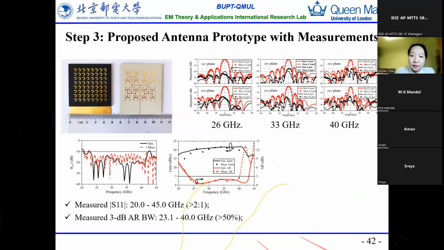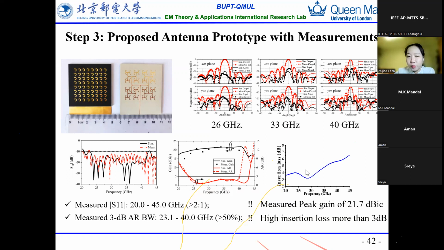So we believe that the radiating loss and the conductive loss are also very important, especially in the millimeter wave. So actually, they are not the same. And you can see in this figure, we come up with this line, and it's higher than the waveguide.